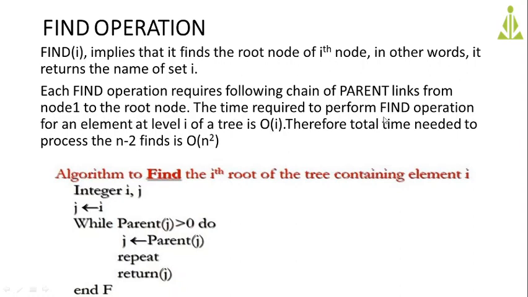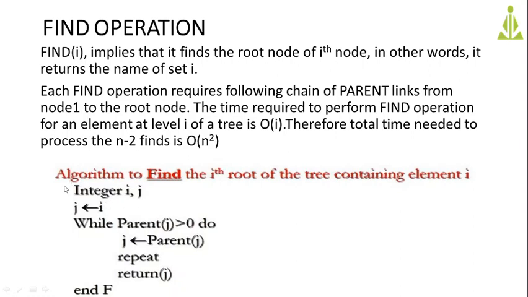The time required to perform a find for an element at level i of a tree is order of i. Therefore, the total time needed to process n minus 1 finds is order of n square. So the time taken for the find algorithm is order of n square.